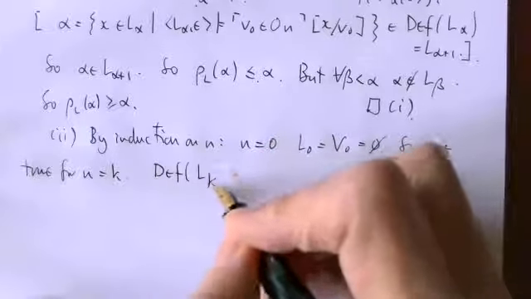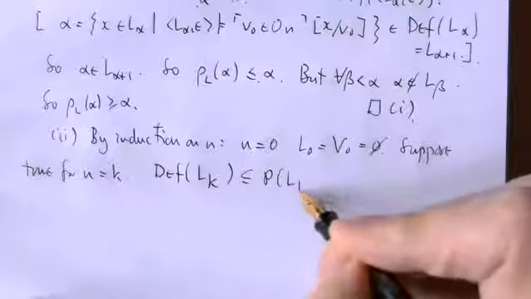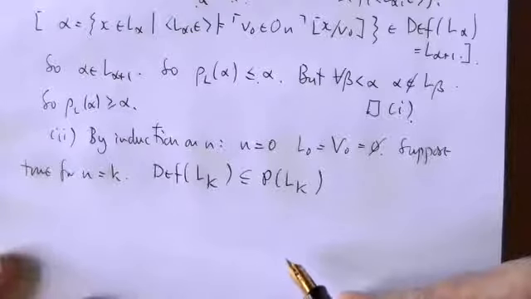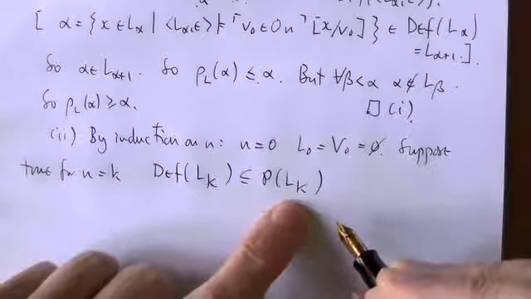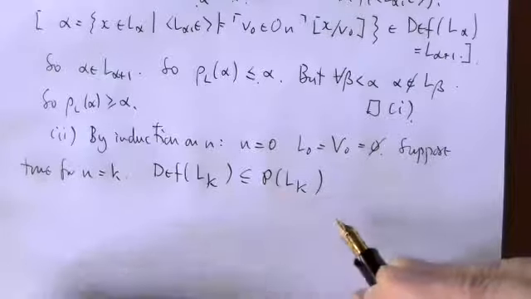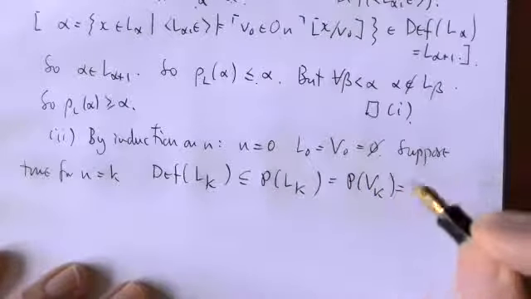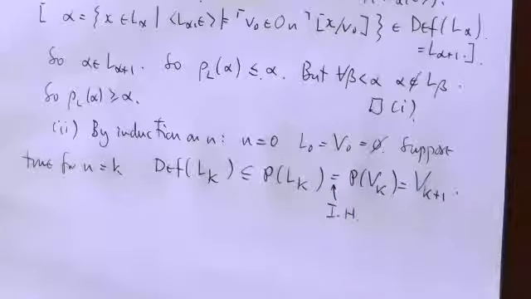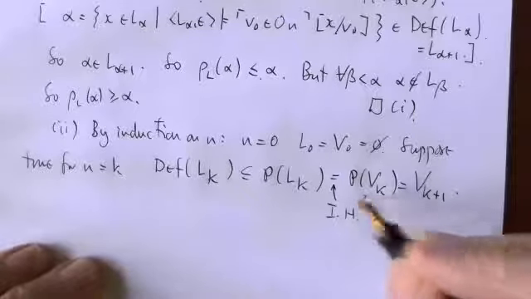Well, whatever is definable over Lk is contained in the power set of Lk. So as Lk equals Vk, this is just the power set of Vk, which is Vk plus 1. So I use the induction hypothesis here to say that Vk is the same as Lk.